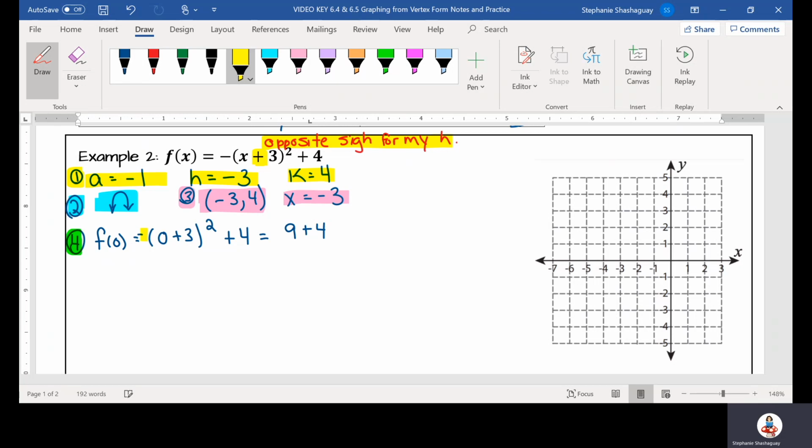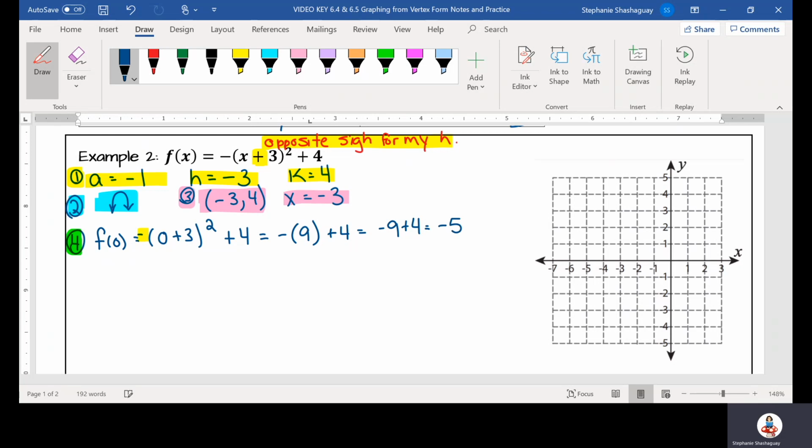What did I forget? It's not positive 9, it's a negative 9 because I have a negative in front. So let me show you what that looks like and why. We have a negative multiplied by that 9, because 3 squared is 9, plus 4, which is equal to negative 9 plus 4, which is equal to a negative 5.